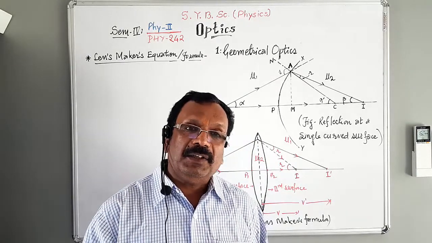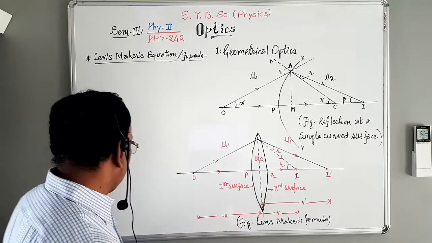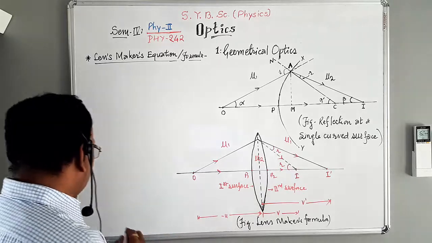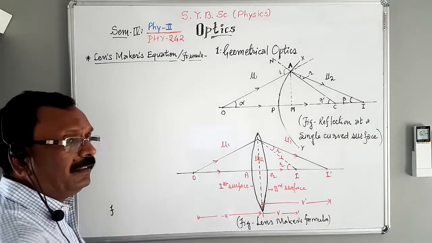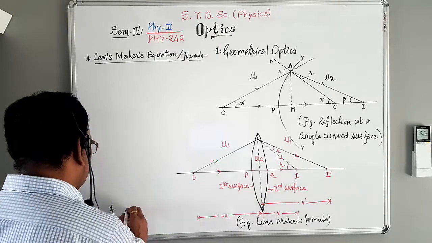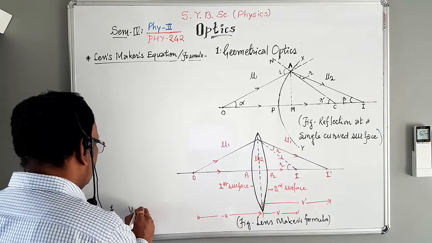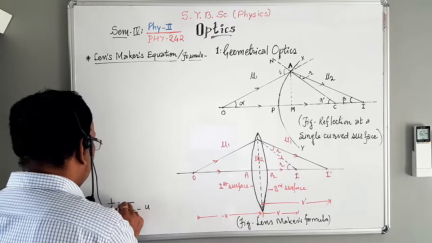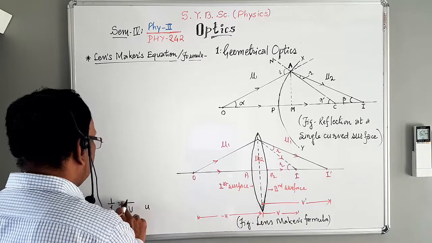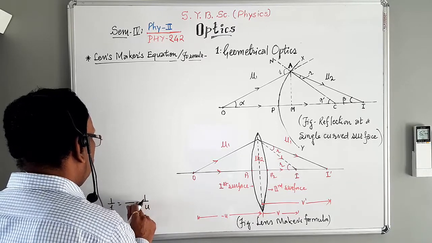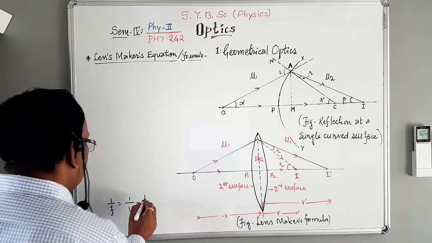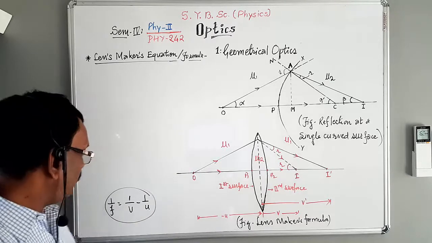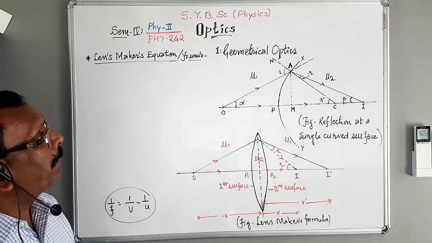Lens equation or lens formula connects focal length with distance of object and distance of image. That is 1 upon f is equal to 1 upon v minus 1 upon u. This is the lens equation, or this is the lens formula.